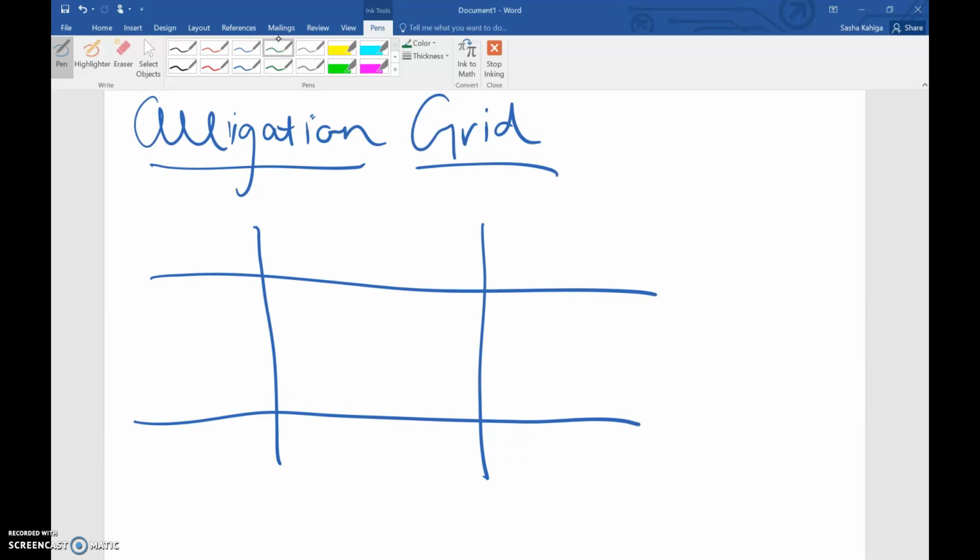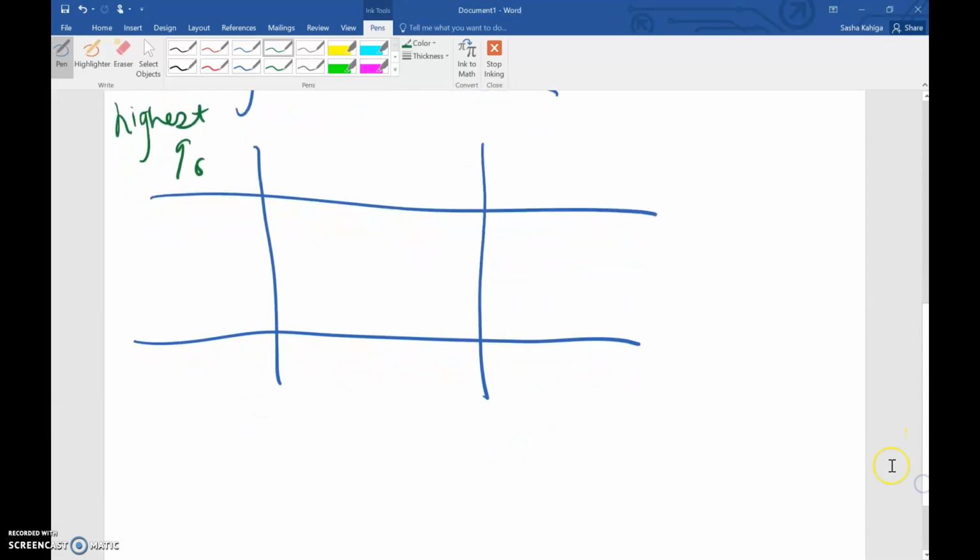First, on the top left-hand corner is where your highest percentage goes. Your lowest stock percentage goes at the bottom left-hand corner. And your desired percentage goes in the middle.